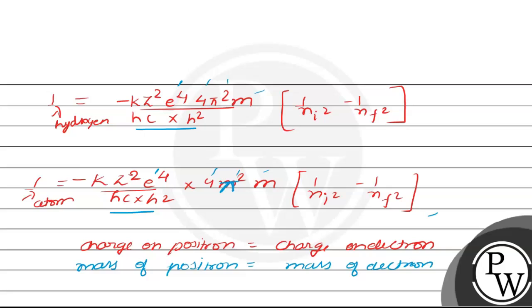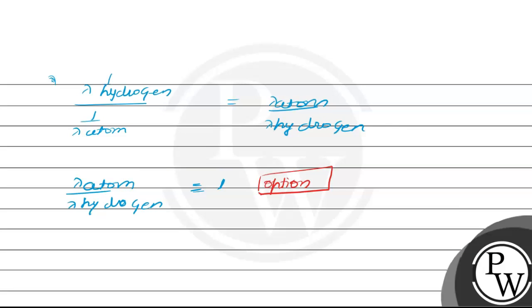Moreover, the mass of positron was equal to the mass of electron. So both these expressions became identical. Hence, dividing both these expressions gives us the value 1. Hence, the ratio of lambda of hydrogen and lambda of atom came out to be 1, and option A was correct. I hope आपको ये concept समझ आया students. Thank you.